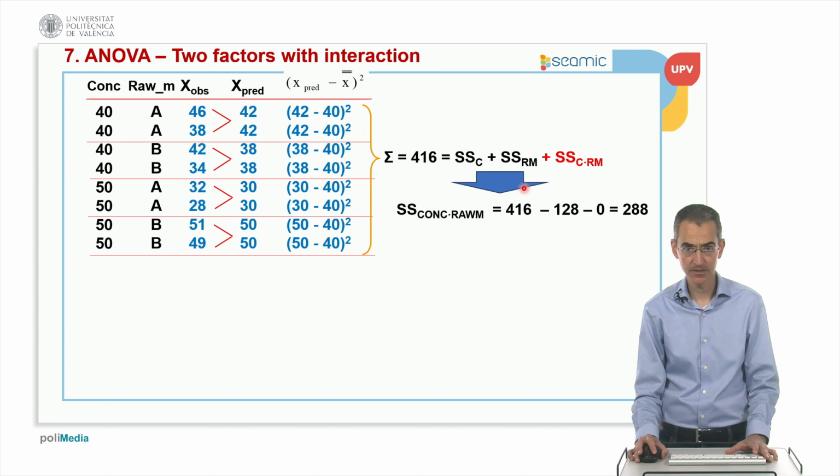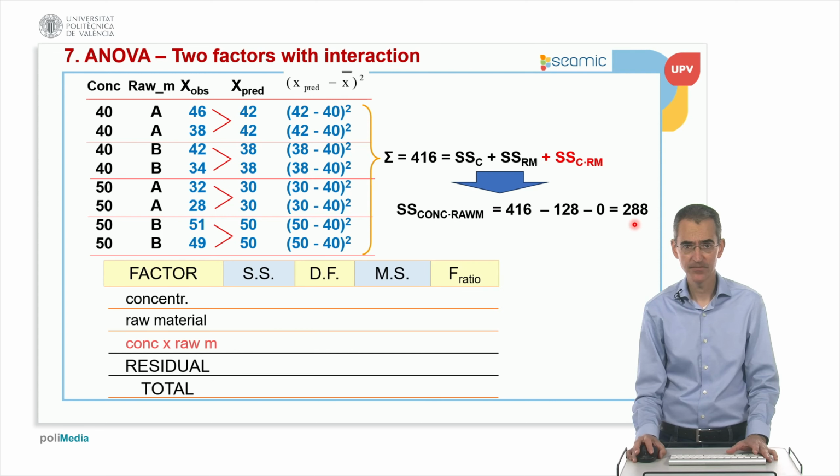So by difference, we can compute the sum of squares of the interaction, which in this case is 288. And we can see how this probability is quite high. So now we can fill again the ANOVA table, including the effect of the interaction. As usual, first we have the total sum of squares, then one factor, the other, and the interaction.